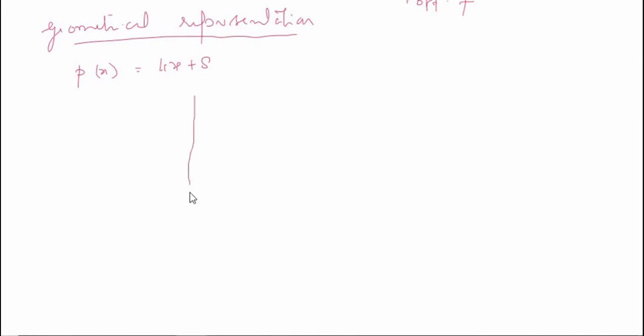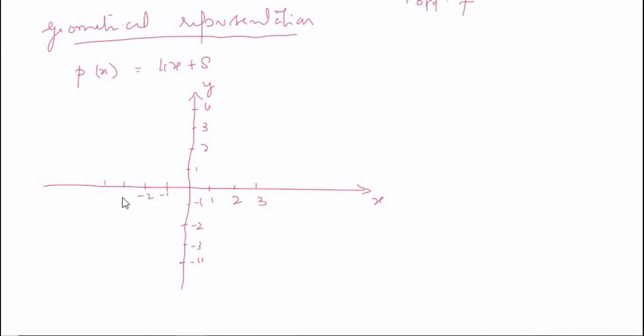So if you draw a graph, you will have a straight line. This is x-axis. This is y-axis. So 1, 2, 3, 4, and on the negative side, minus 1, minus 2, minus 3, minus 4 on the x-axis.